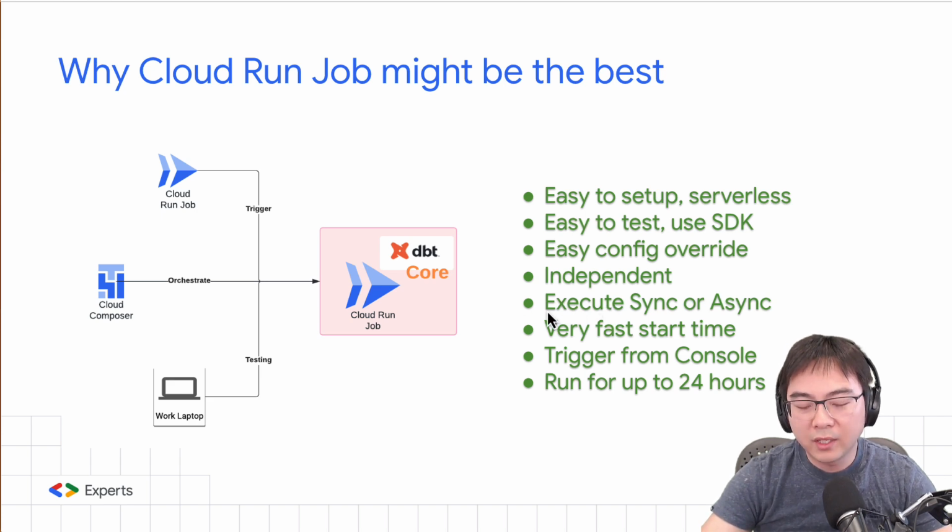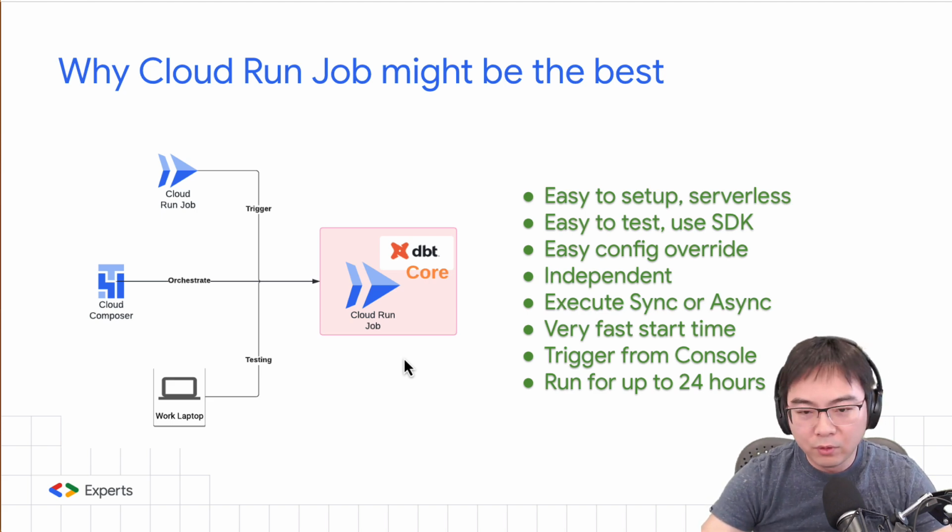There are two ways you can execute this job. You can do it asynchronously, which is quite suitable, let's say, if you have a Composer job, or you wanted to wait, right? You trigger a Cloud Run job, and it runs your, let's say, daily incremental stuff, and it's pretty fast. It takes like 20 seconds per execution. And then you probably want to wait rather than just async and have to fetch back.